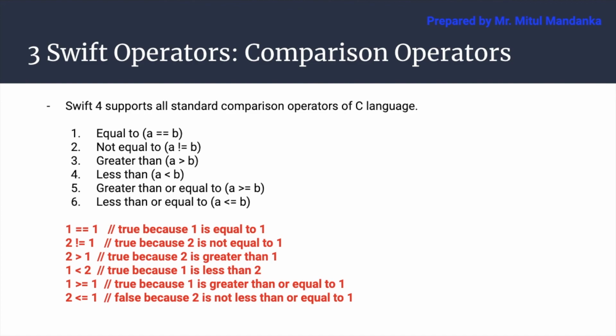Like in the last line, we can check that the value of a is 2 and less than or equal to 1. This condition is false because the value of a is not less than or equal to the value of b. If I write 3 here, then it will work perfectly.